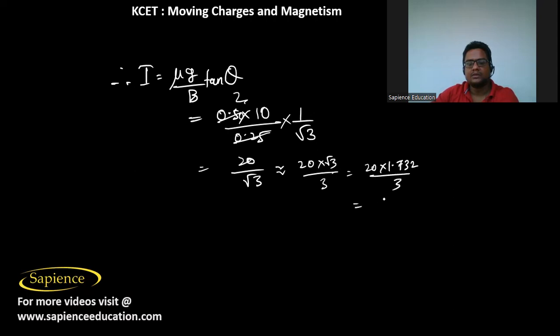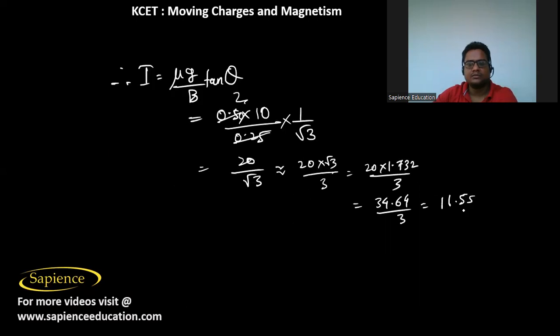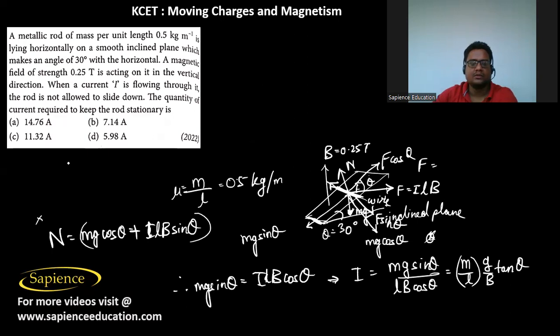So that is 34.64 divided by 3, which is approximately 11.55 ampere. So 11.32 is the closest one. So option C will be the correct answer.